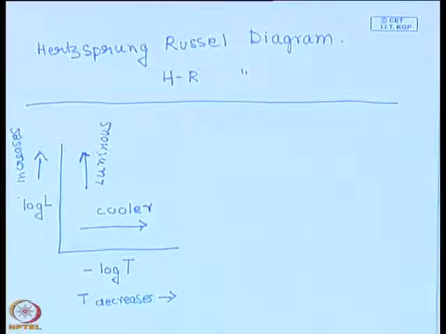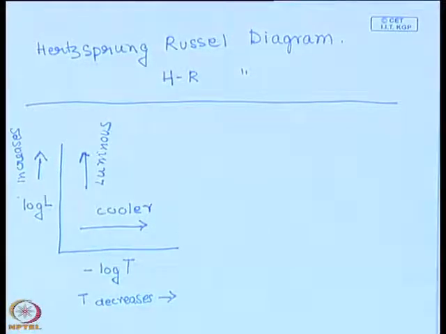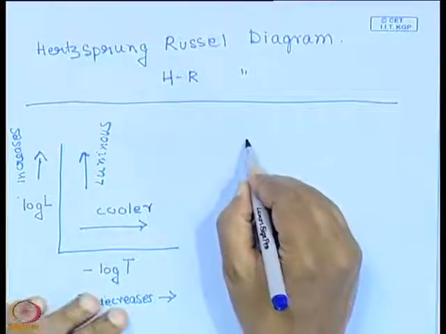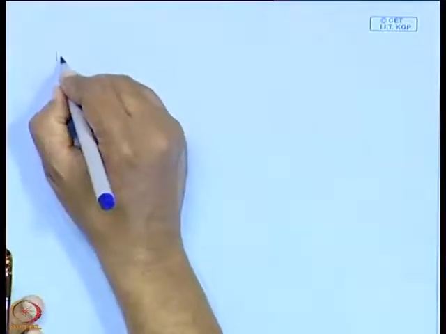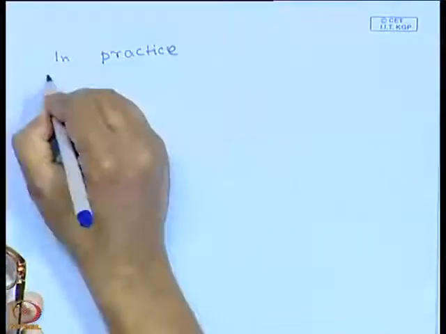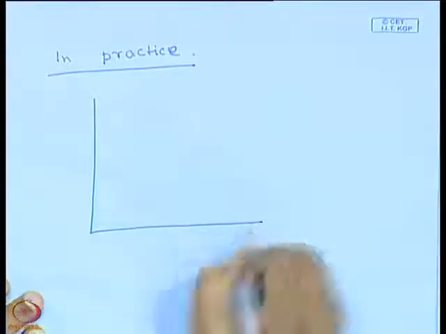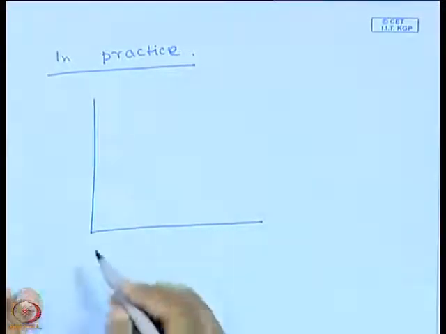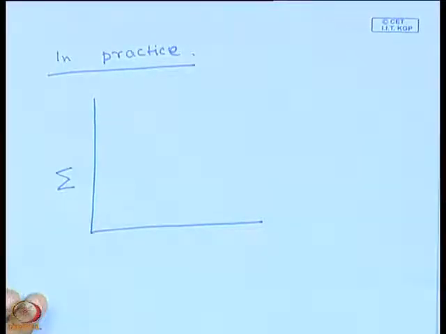In practice, you cannot observationally determine these two things. So, from the observational point of view, let me put it in a different diagram. In practice, what you plot is the absolute magnitude in some band, let us say in the V band.